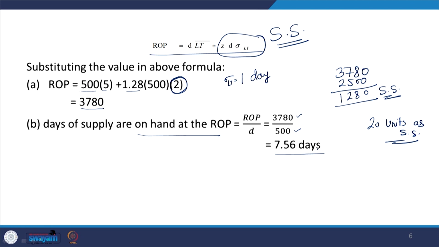Your orders are normally expected in 5 days, and there is a situation of up to 7 days also. So, you can easily maintain the stocks even up to 7 days. So, that is the answer for this particular question.